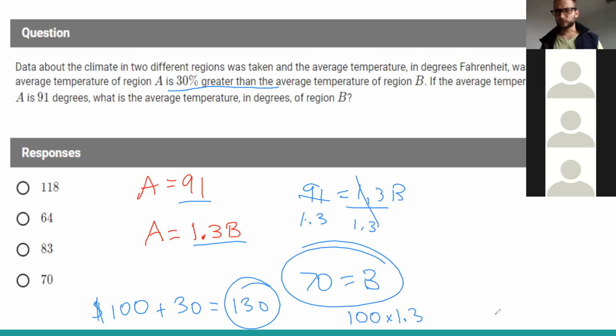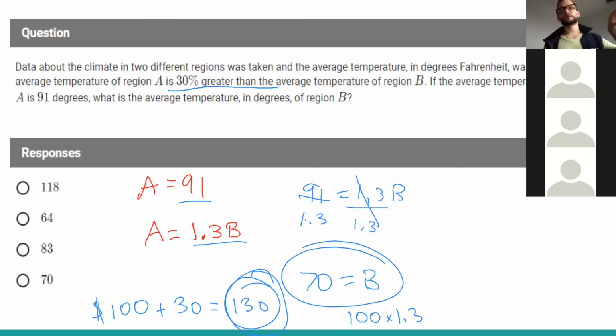Why can't we just find 30% of 91 and subtract it? Because that's 30% of A. If A is 30% greater than B, it's like me taking 130 and taking 30% of the new number. You're taking 30% of the bigger number.